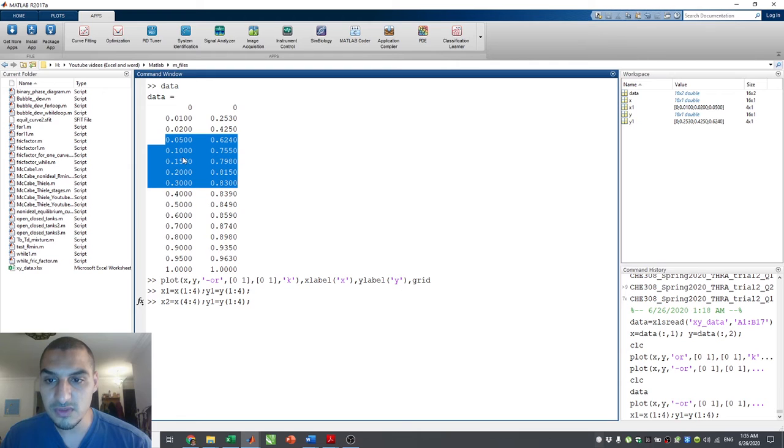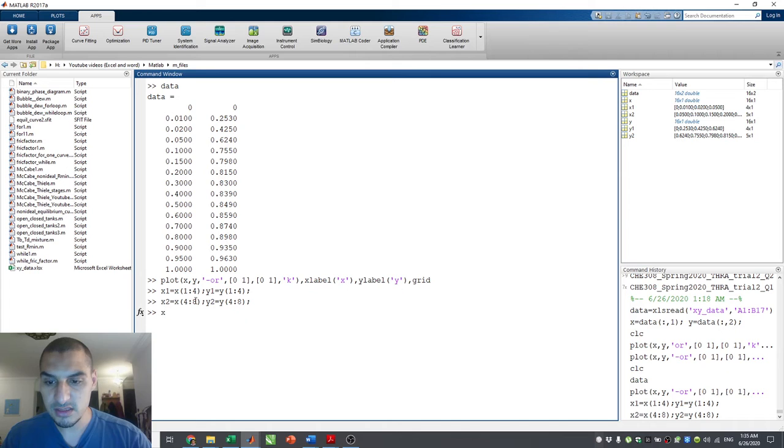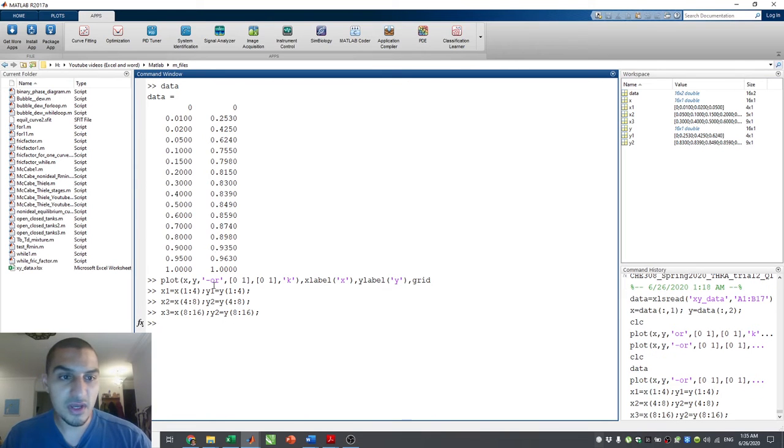I have 4, 5, 6, 7, 8, so it's going to be from 4 to 8, and this is y2 from 4 to 8. Then x3 is going to be from 8 to 16, and y3 from 8 to 16. Now x1, x2, and x3 together make the whole x. This is what I'm going to use for the first fitting, this for the second, and this for the third.